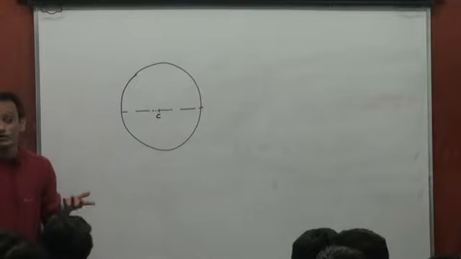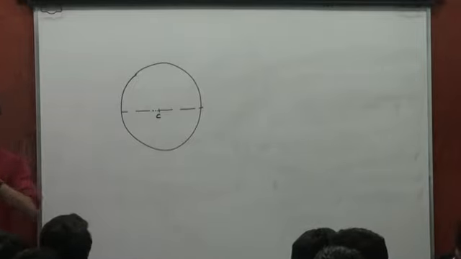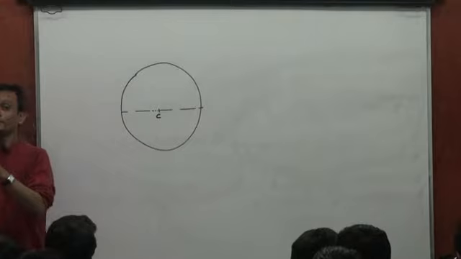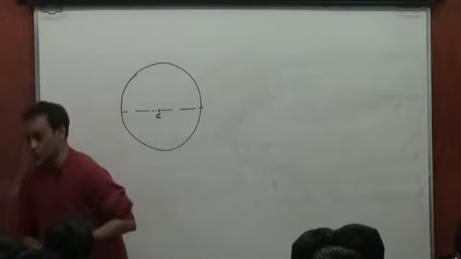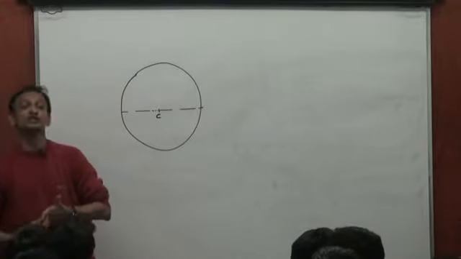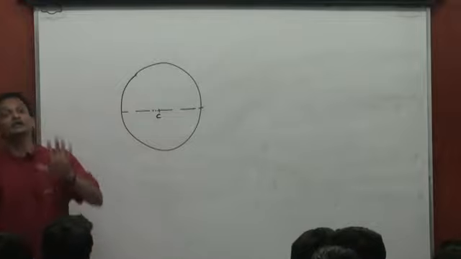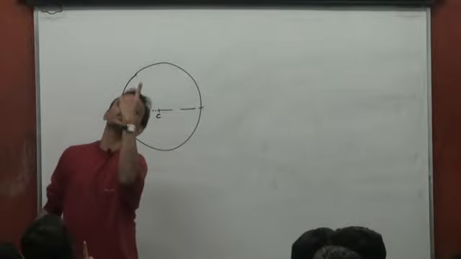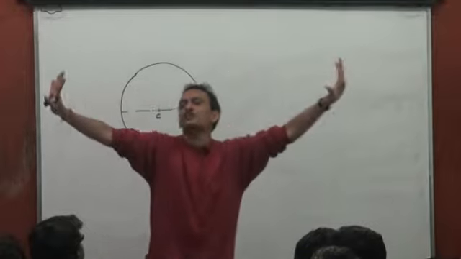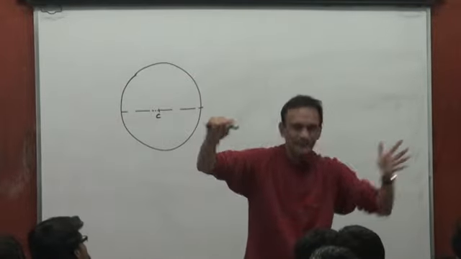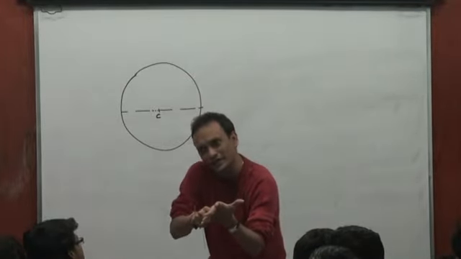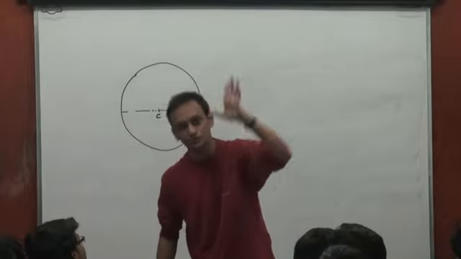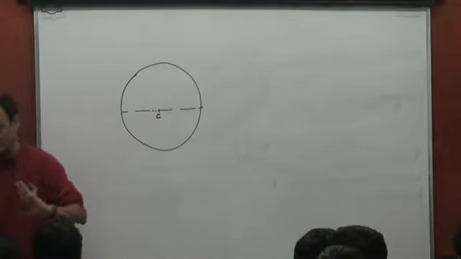But then, if they tell you that the center of the circle is here, the radius of the circle is this, and the circle lies in the xy plane, then the circle is unique. If they describe to you the plane of the circle, and then they give you the center of the circle and the radius of the circle, then the circle is unique. That's to be understood, right?